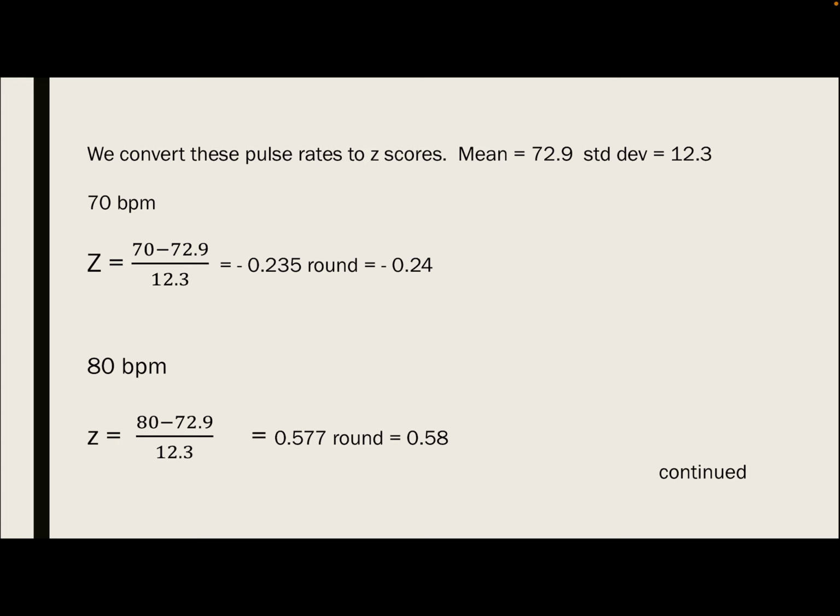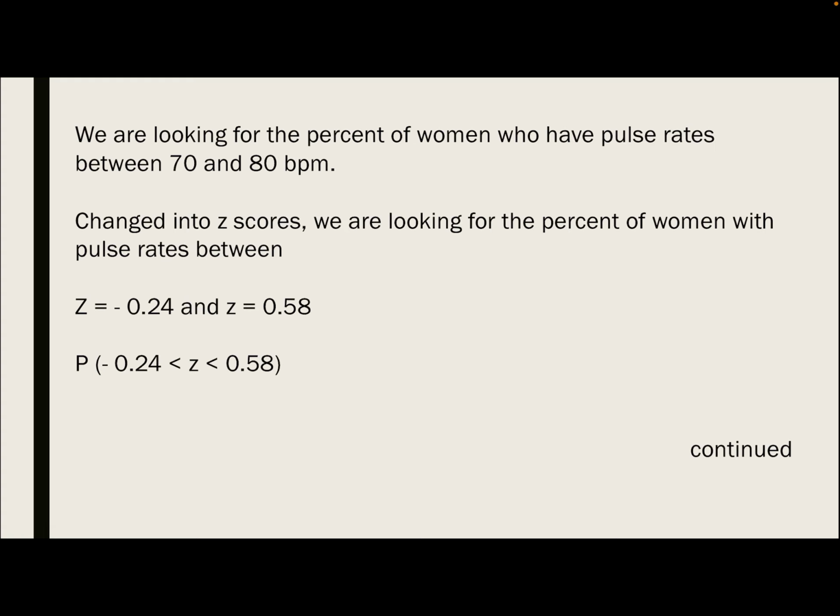So take 70, subtract the mean, divide by standard deviation. Take 80, subtract the mean, divide by standard deviation. Round to hundredths. We're looking for the percent between, so we're going to be looking for the probability that z is between those two z-scores.